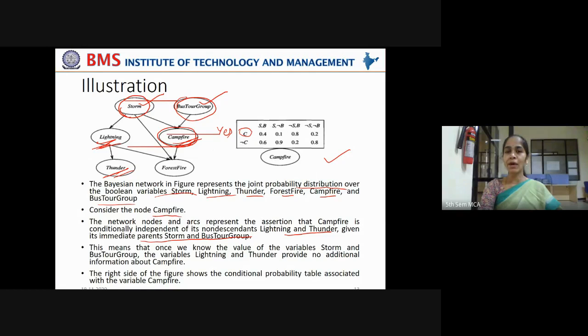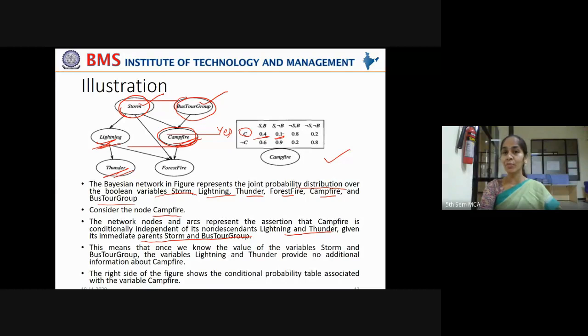The probability of setting up a campfire given that storm occurred and the Bus tour group arrived is 0.4. Now, the probability of setting up a campfire when storm occurred but the Bus tour group didn't arrive is 0.1.